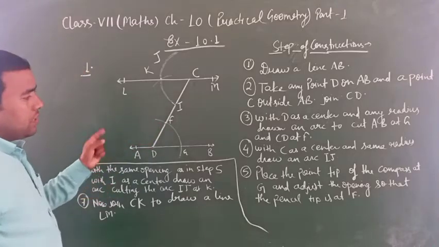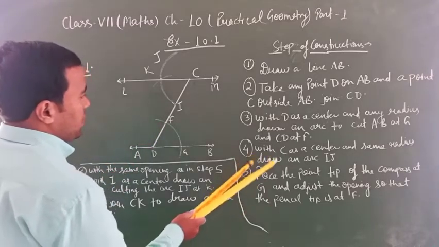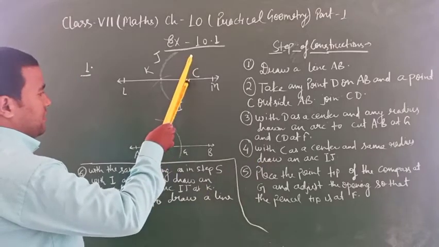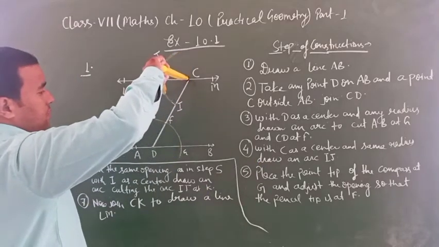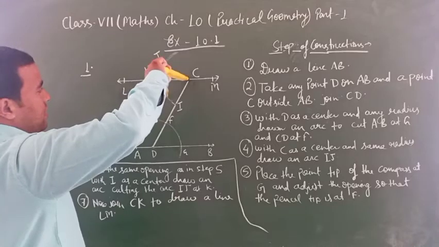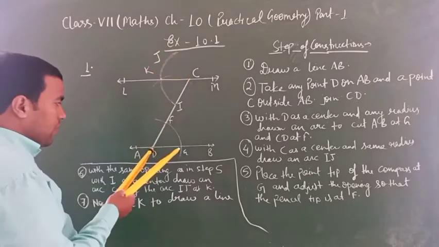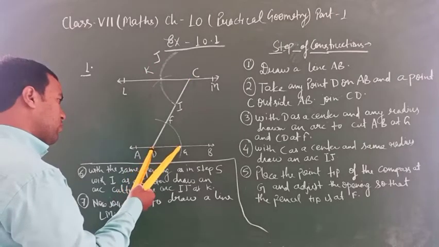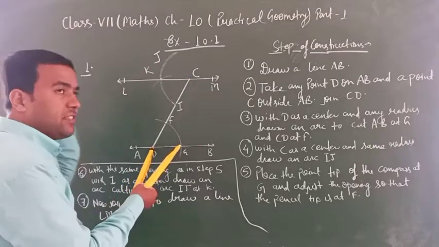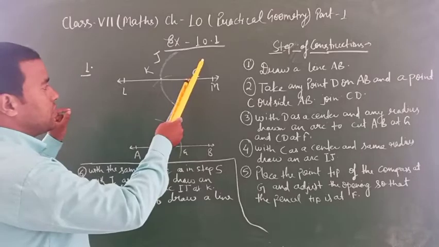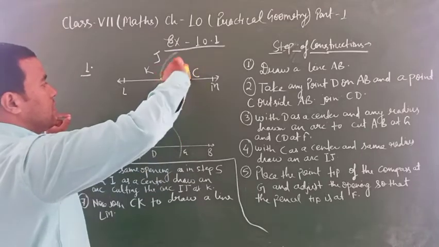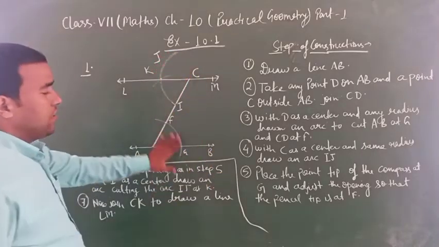Clear? Step number 4, with C as a center and the same radius draw an arc IJ. Means whatever distance we have taken from D, that distance we will take from C and make IJ like FG.